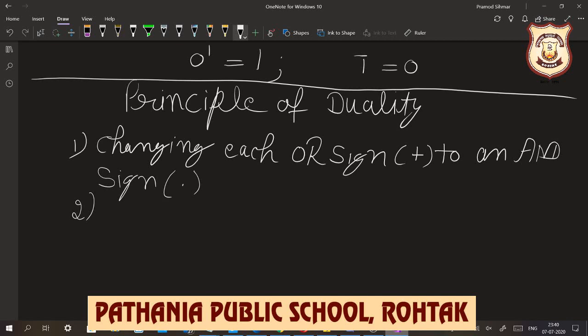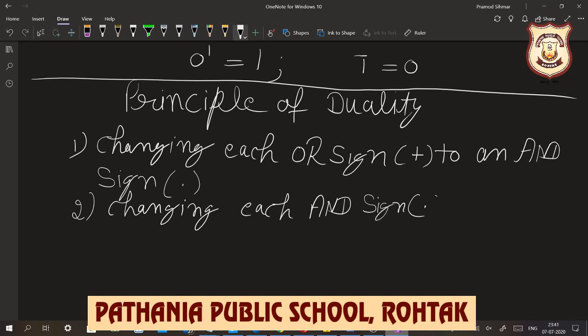Number two: starting with a Boolean relation, another Boolean relation can be derived by changing each OR sign, plus, to an AND sign, and vice versa, changing each AND sign, your multiplication sign, to an OR sign, your plus sign.